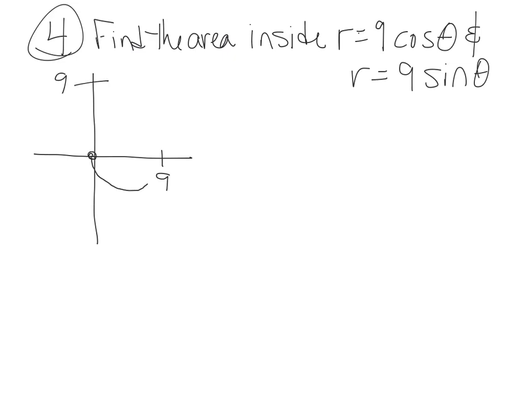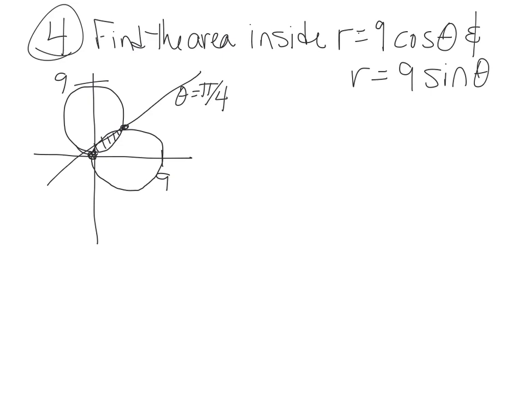They both meet at the pole, and they have this region here that overlaps. Now, where do they overlap? That's going to be at the angle theta equals pi over 4 because of the symmetry that's going on here. It goes right through the middle of the quadrant.